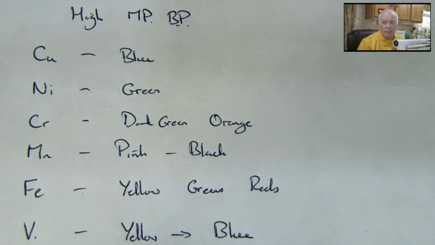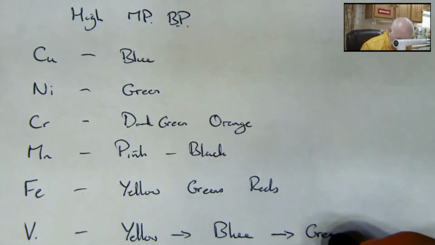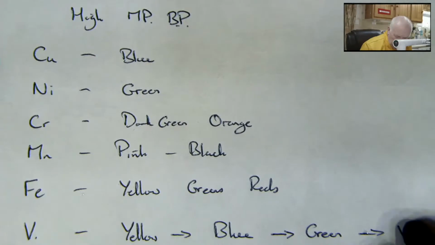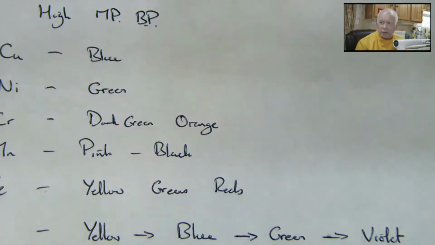And I say, but what happens if you mix blue and yellow together? And they go, it's green. I said, that's right, it's because it's blue. And they look at me funny. Then the blue goes on to green, and the green goes on to violet. So quite an interesting set of colors.